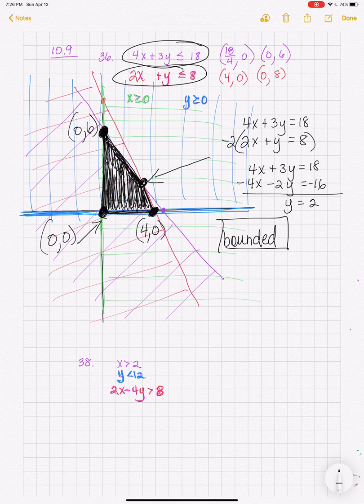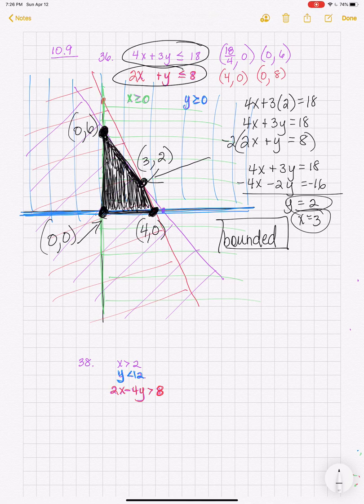Then to find x, all I need to do is plug that back in. So 4x plus 3 times 2 equals 18. You get 4x equals 12, so x is 3. So this vertex is going to be 3, 2.